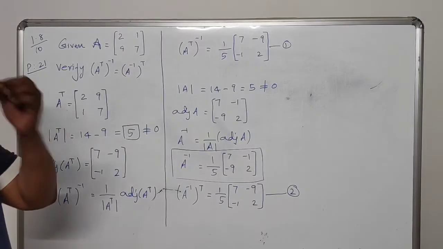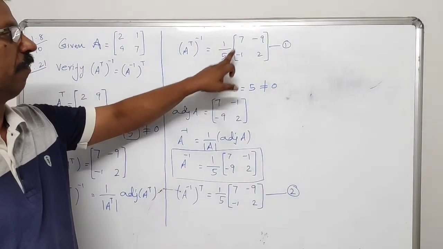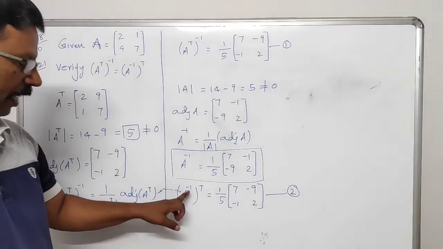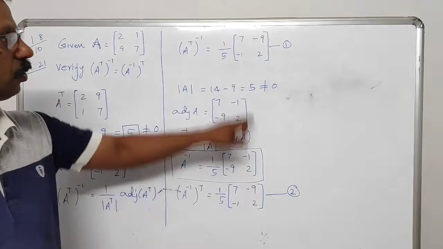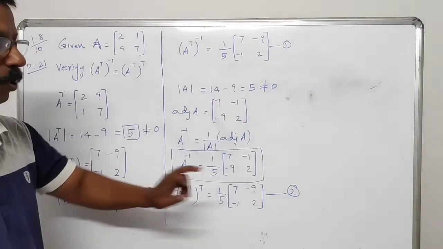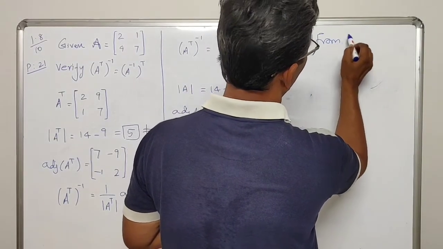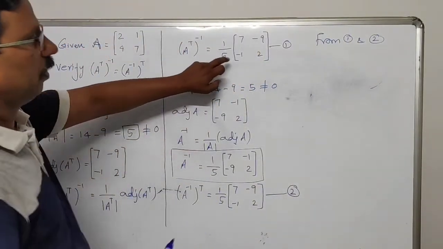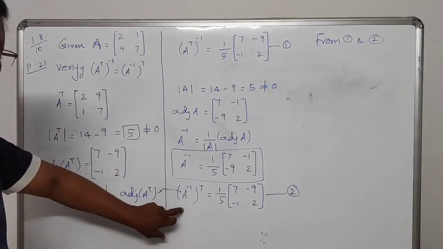Now look at equation number 1 and 2. Equation 1: (A transpose) whole inverse is equal to 1 by 5 into 7 minus 9 minus 1 2. Then the RHS, (A inverse) whole transpose, is 1 by 5 into 7 minus 9 minus 1 2. Compare these two equations 1 and 2. We can say the RHS of these two results are equal, hence the LHS will also be equal.